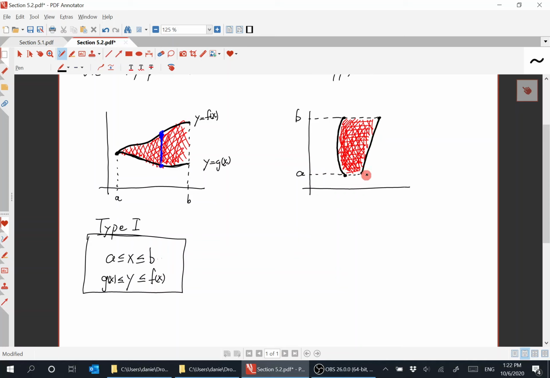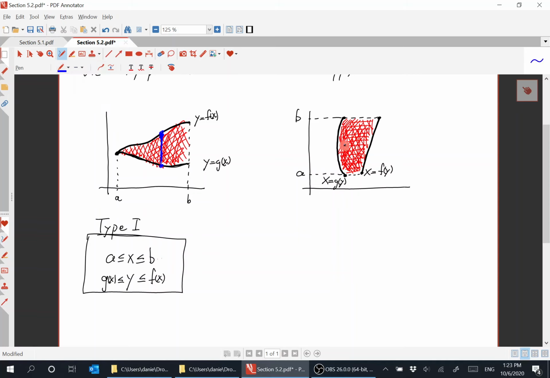This is a function x equals g of y, and this is a function x equals f of y. I have it backwards from the other one. This is x equals g of y on the left, and x equals f of y on the right, and then y is between a and b.